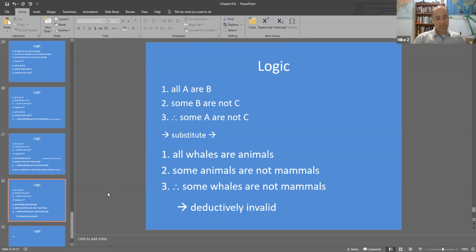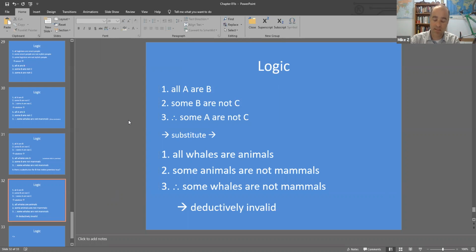Okay, so that's just a somewhat complicated way of spelling out what they call the counterexample method of determining whether an argument is deductively valid or invalid, and specifically an argument involving these kinds of categorical statements. We come up with counterexamples, right? We come up with examples to substitute in for A, B, and C such that the premises turn out true and the conclusion turns out false all at the same time.